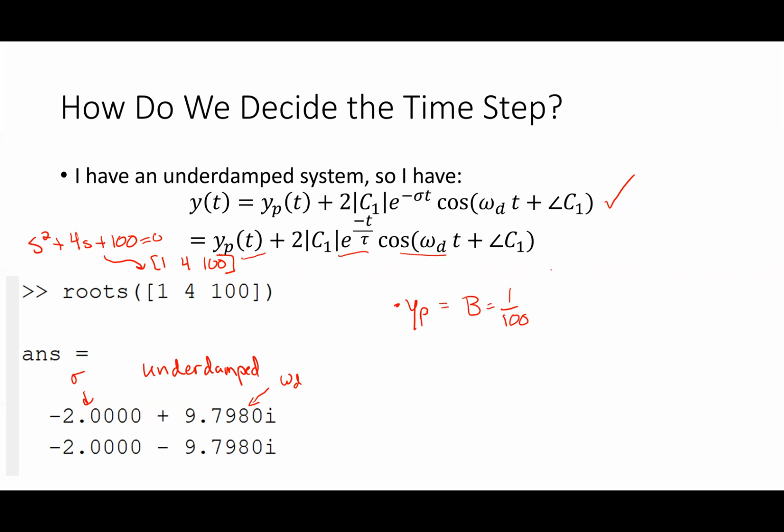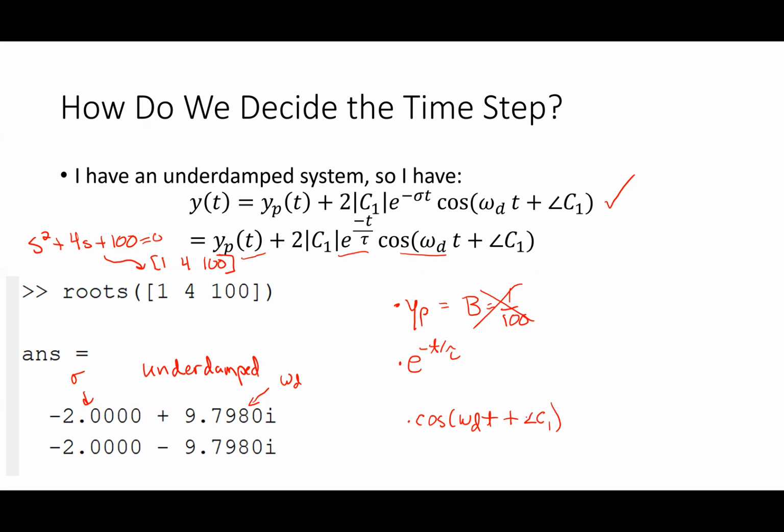Basically that says that at every value of t, yp is the same. So this term has no impact on my decision, and I'm not going to worry about it. Now, the e to the negative t over tau has some impact, and the cosine of omega d t with an angle has some impact. So I have to think about what matters here.